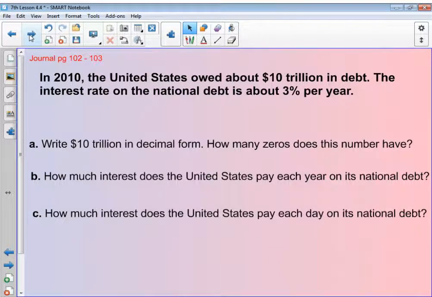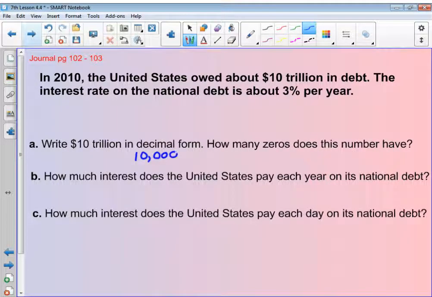When you go through to do this, it says write 10 trillion in decimal form. How many zeros does this number have? Jumping back to probably 5th and 6th grade, those place values. So 10, and then this would be 1,000. 3 more zeros would be million. 3 more zeros is billion.